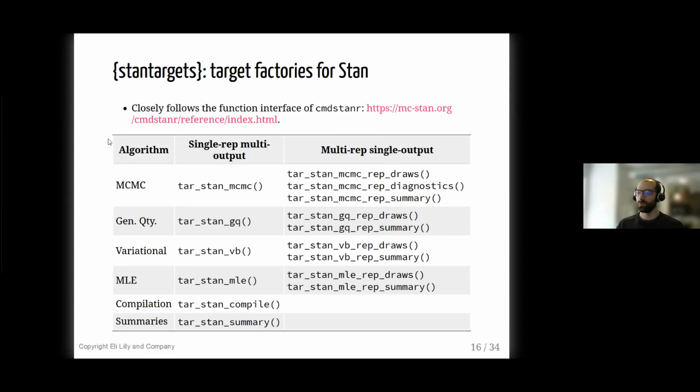And so what we have here are target factories for running one or more models on a data set with either MCMC or variational inference or optimization, in addition to some other target factories, for example, generated quantities, for example, transformed parameters. For example, if you were to write some statement in your Stan code to simulate from the posterior predictive distribution, you might use this. And a couple other target factories.